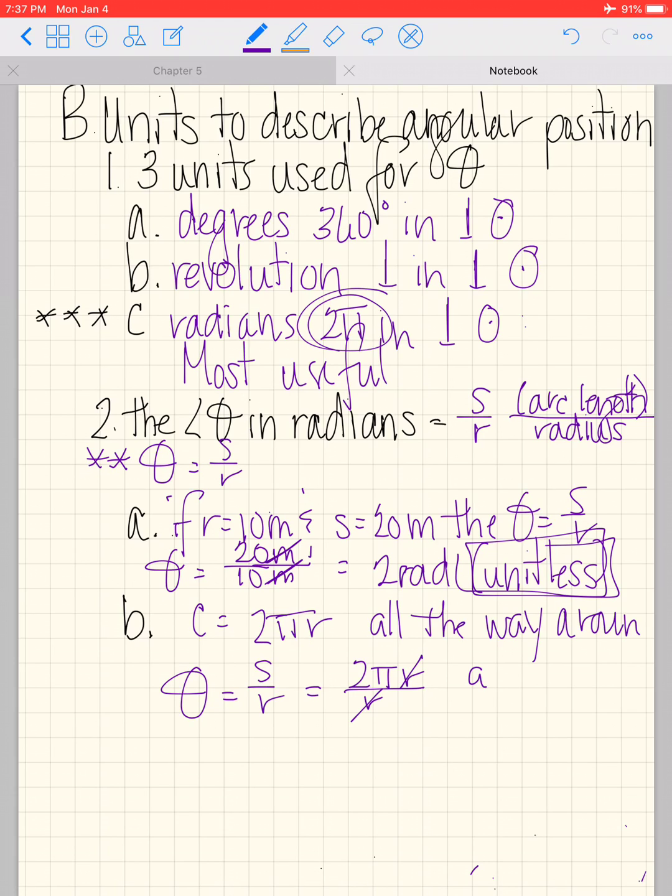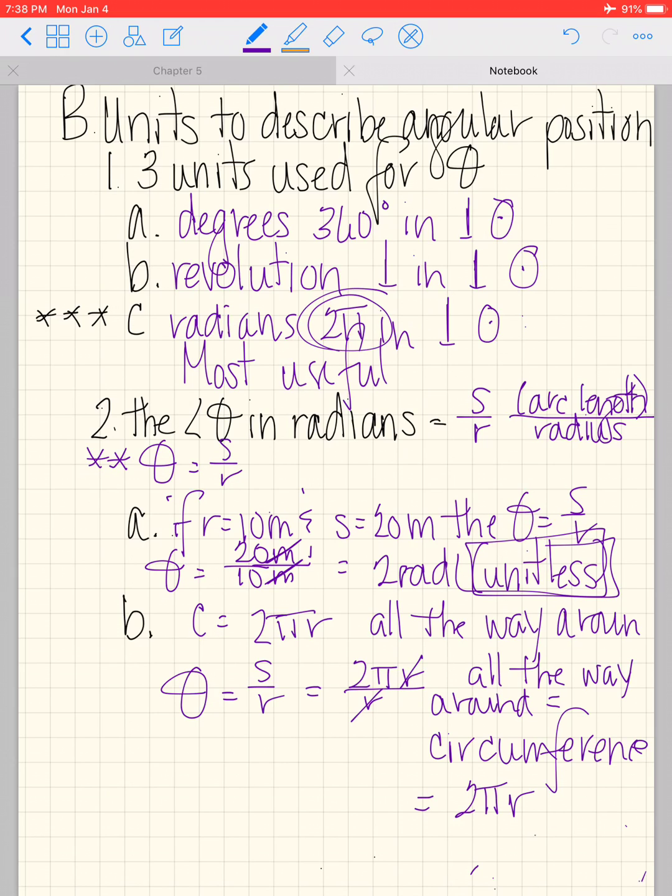So all the way around is equal to the circumference, which is equal to 2 pi r, which is equal to S in this case, because we said we were going all the way around the circle. So this is where the 2 pi actually comes from: theta for a whole circle is 2 pi radians.